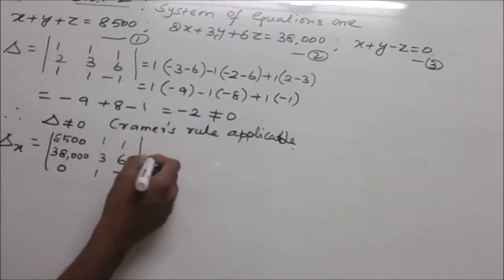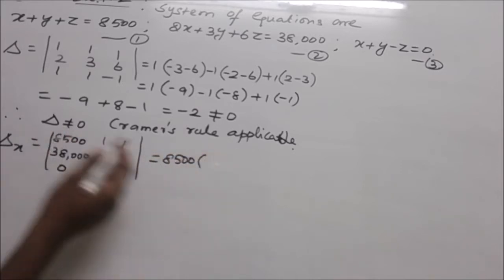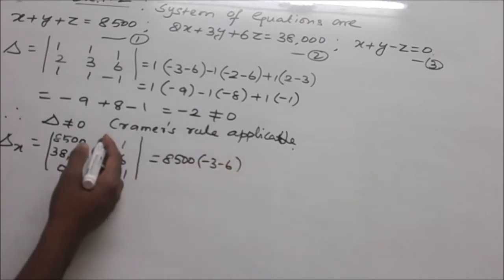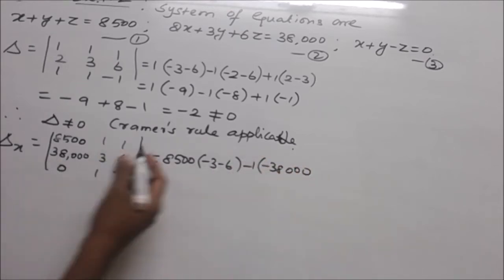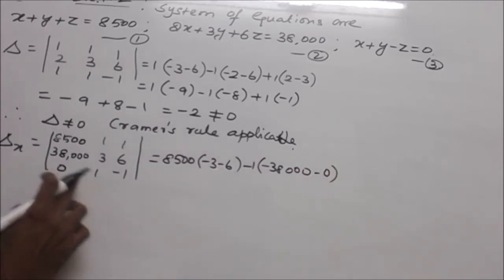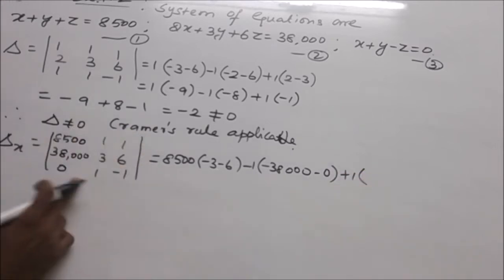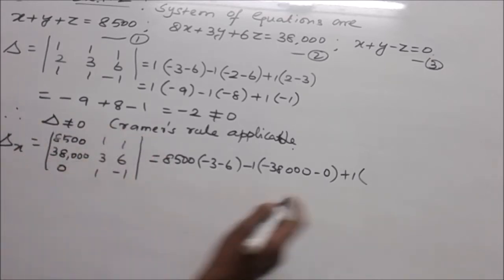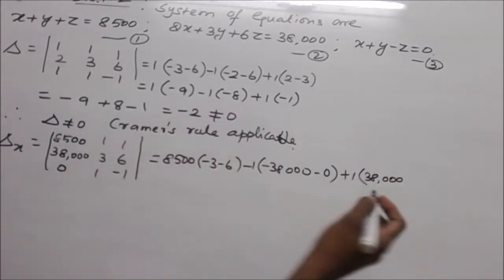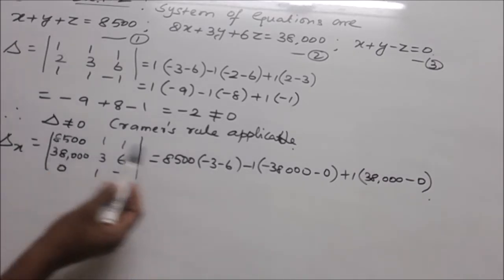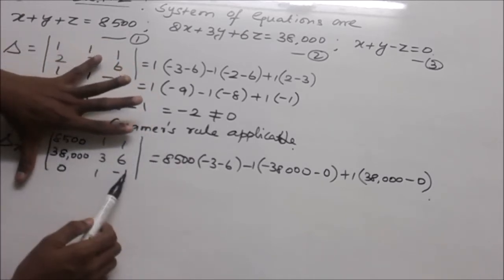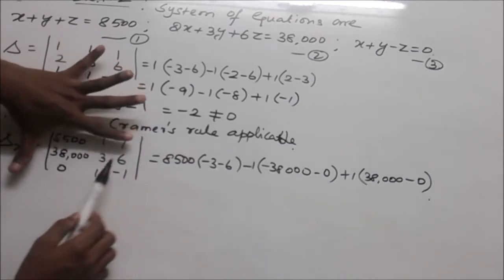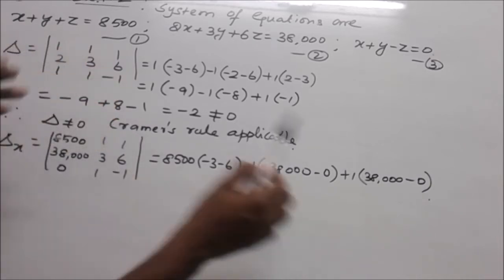Now evaluating this, listen carefully here. 8,500 into minus 3 minus 6, then minus 1 into minus 38,000 minus 0, and then for this one, these four entries are taken: plus 1 into 38,000 minus 0.